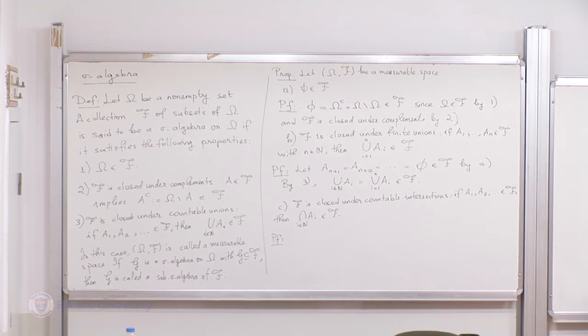So if I knew that the complement of this intersection is in F, can I conclude that this itself is in F? Yes, by number 2, right? So what's the complement of this intersection?